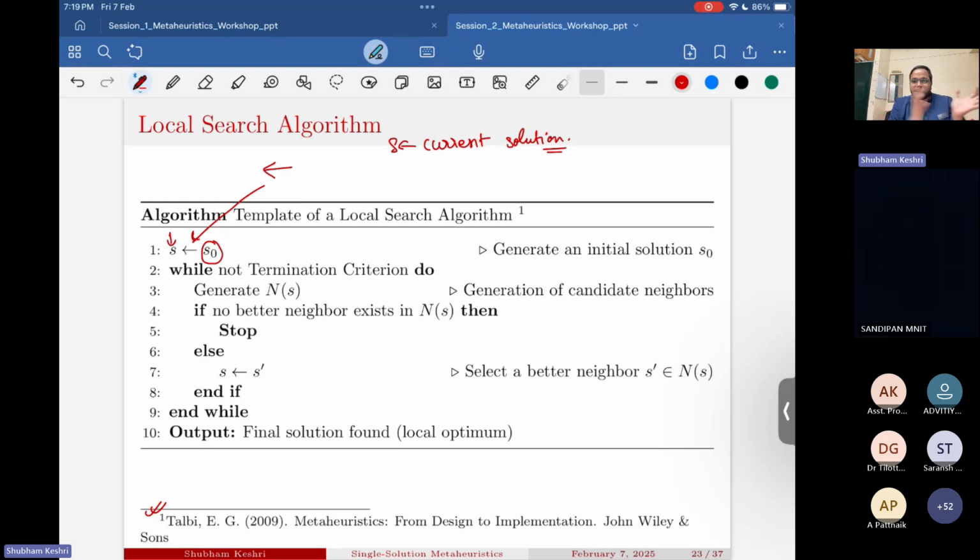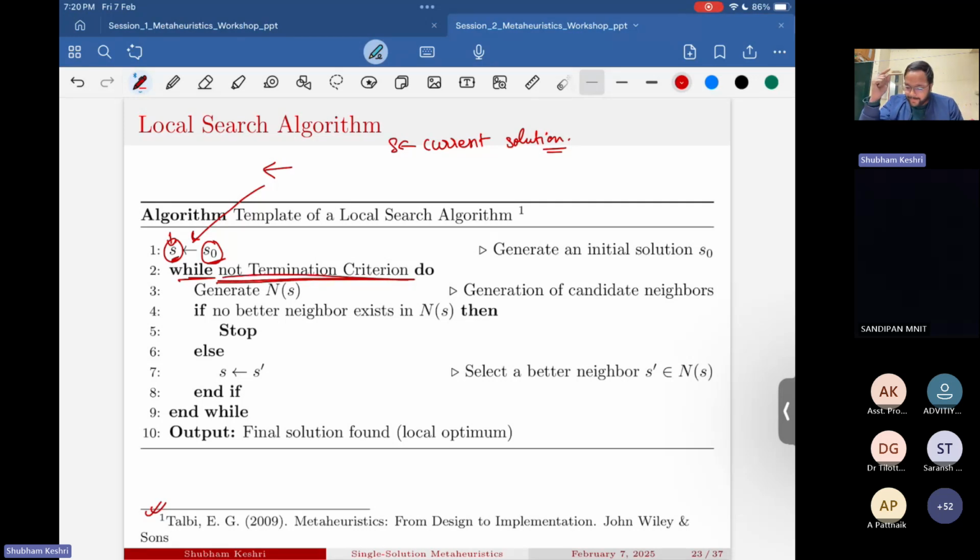It is actually initialization or assignment, you can say. S naught is assigned to S. That is, current solution is actually the initial solution. So we are starting with S naught and current solution takes S naught.